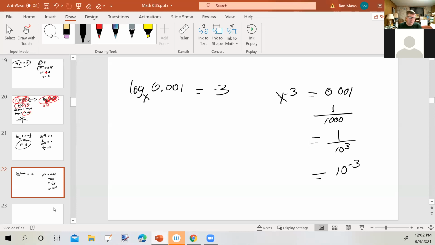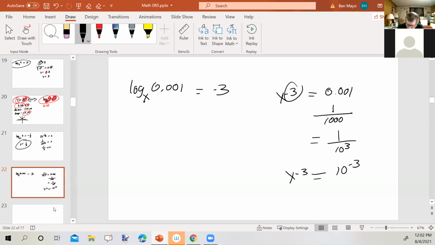1000 is 10 cubed. But that could be written as 10 to the -3 power. Now, usually, back in beginning algebra, we taught you if you have a negative exponent, do the reciprocal of the base, and change the exponent to a positive. So here I am taking a positive exponent and making it negative. Why? My motive is different. I'm trying to match this.